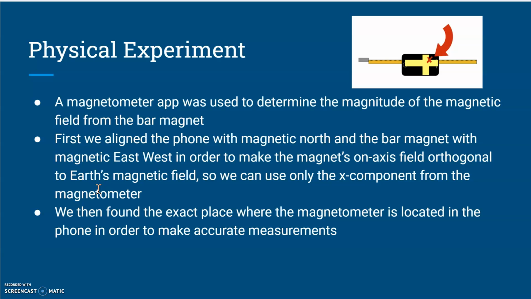We then found the exact place where the magnetometer is located in the phone. This is so we can make accurate measurements about the distance from the magnetometer to the bar magnet.